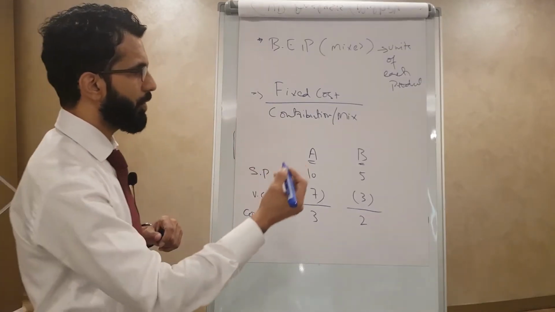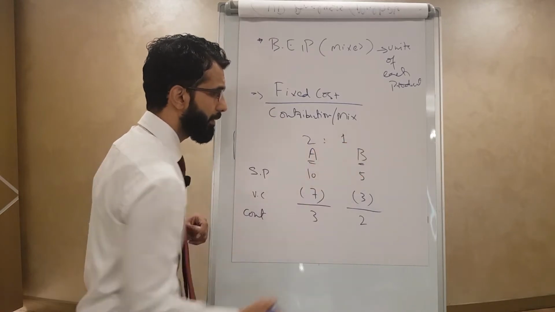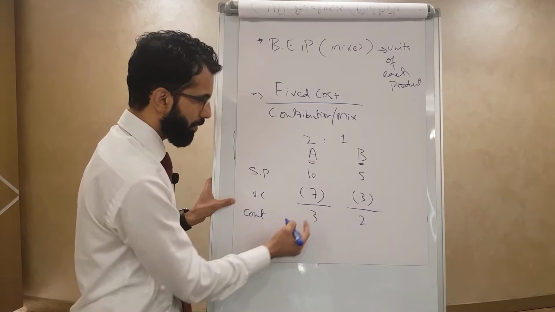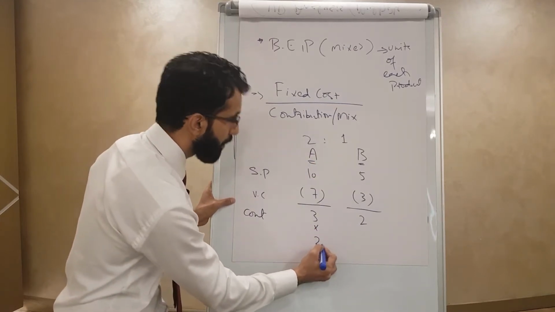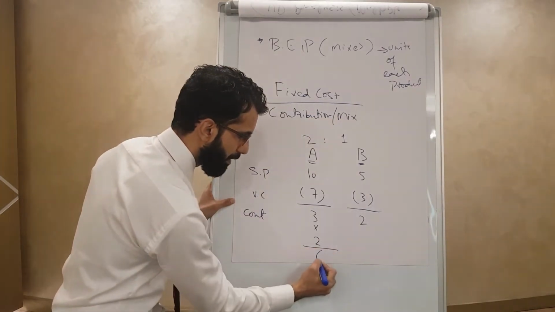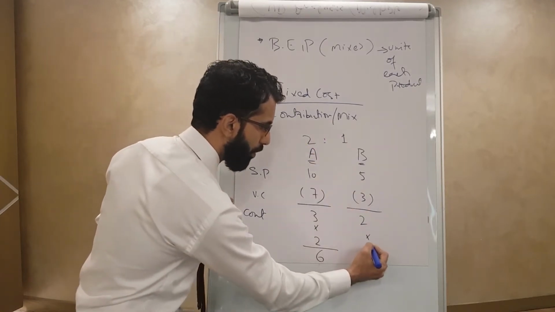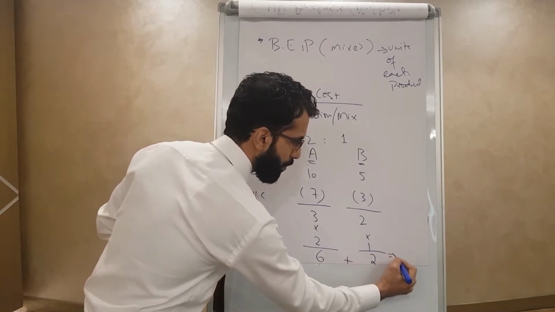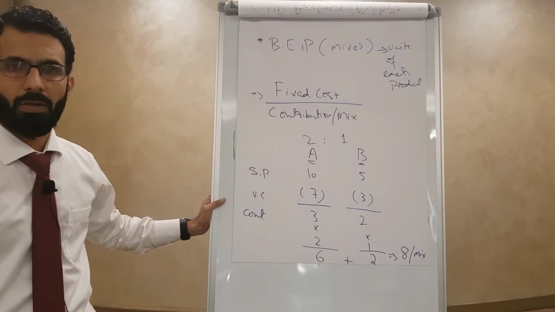The ratio is 2:1, so in one mix we have 2 units of product A and 1 unit of product B. To calculate the contribution per mix for 3 units, I will consider the contribution of 2 units of product A and 1 unit of product B. So effectively 6 plus 2, we have a contribution per mix of $8.